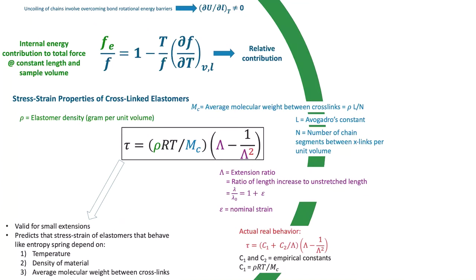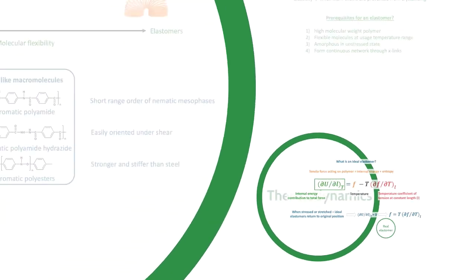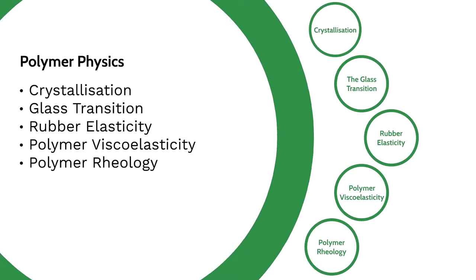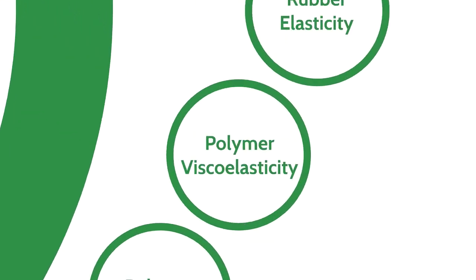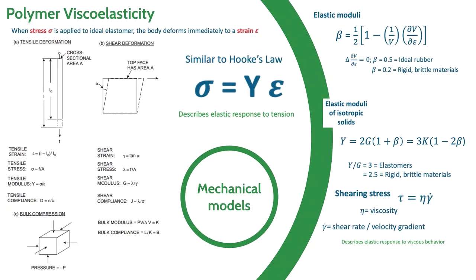Moving on from elastomers, cross-linked elastomers, real-life elastomers, or even ideal elastomers, we will now discuss the topic of polymer viscoelasticity. In an ideal elastic material, it doesn't exhibit any time effects.